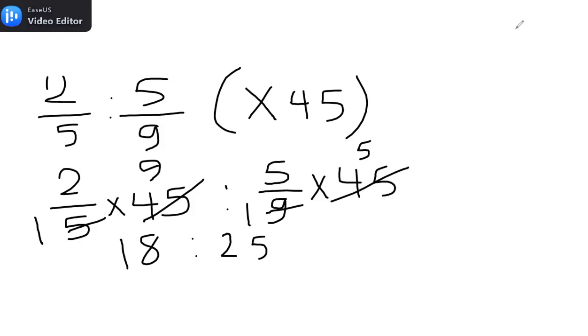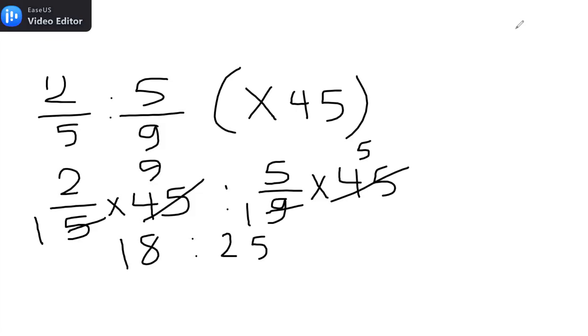Are there any common factors between the two numbers 18 and 25? No. So this is the ratio in the simplest form.